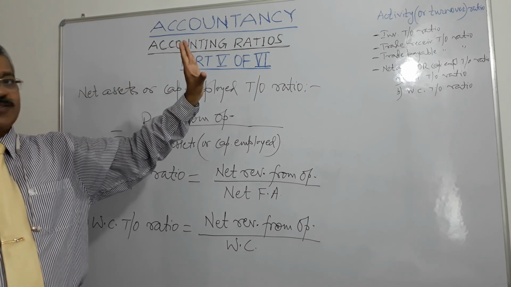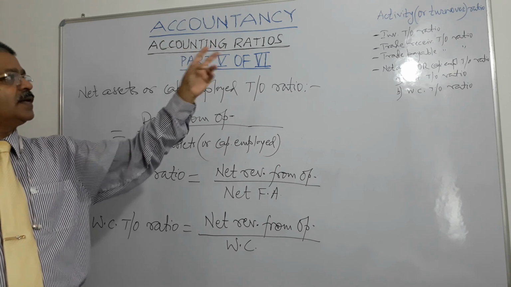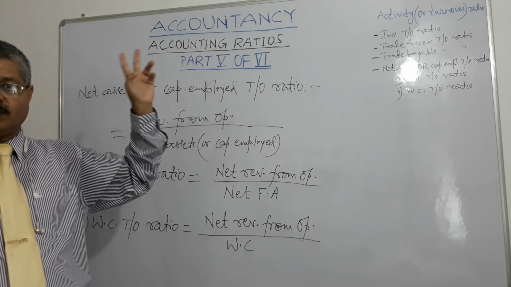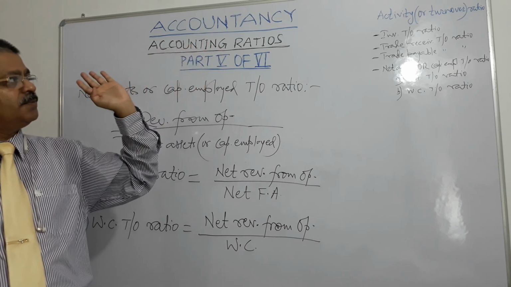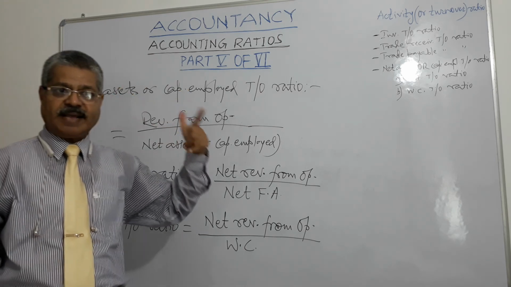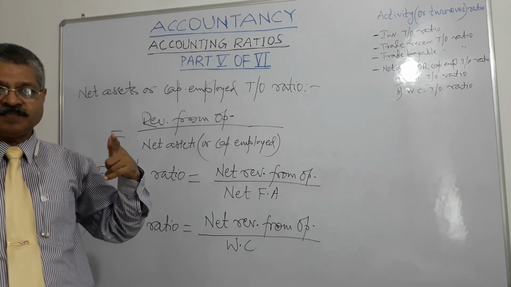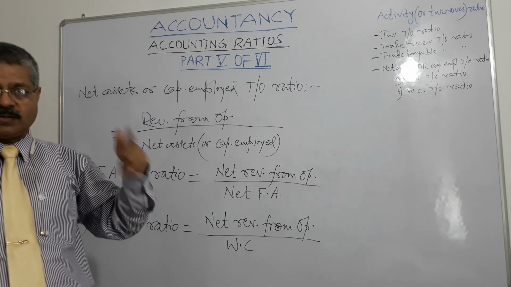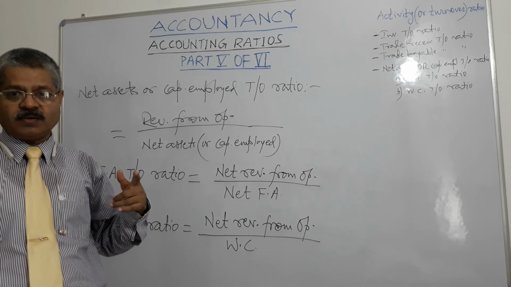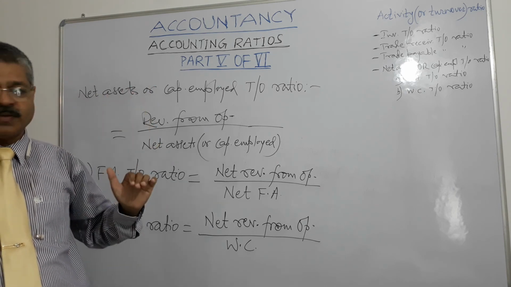Activity or turnover ratios, as the name itself suggests, indicate the speed at which activities of the business enterprise are performed, and they express the number of times assets or capital employed in the business is turned over into sales during a particular accounting period.